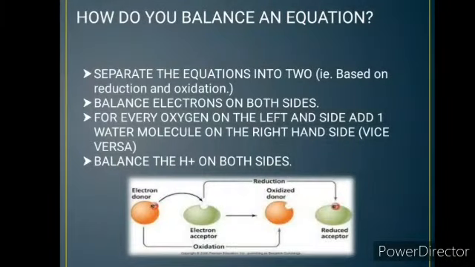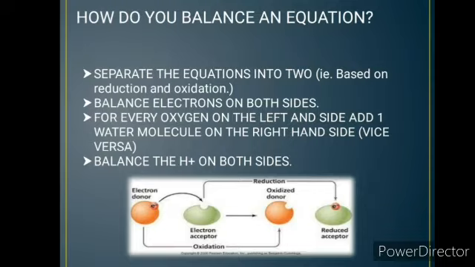How do you balance a redox equation? First, you're going to separate the equation into two based on their reduction and oxidation processes. Next, you're going to balance the electrons on both sides, the left hand side as well as the right hand side. And then for every oxygen on the left hand side, you're going to add one water molecule on the right hand side.